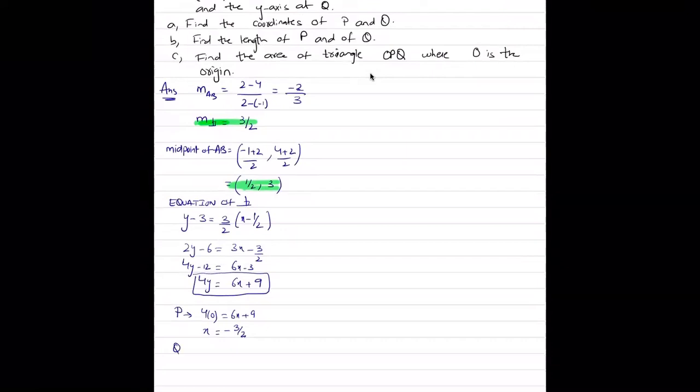And for Q, Q lies on the y-axis, so the x-coordinate is going to be 0. So y comes out to be 9 upon 4. So P coordinates are (minus 3 upon 2, 0) and Q coordinates are (0, 9 upon 4).